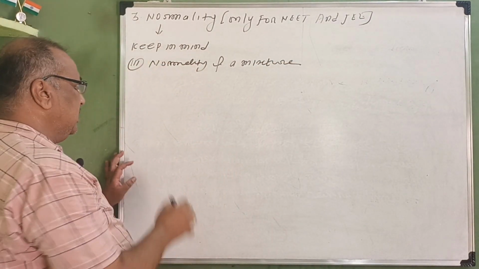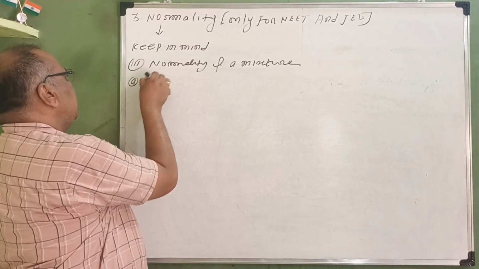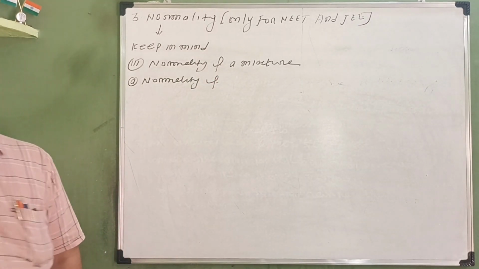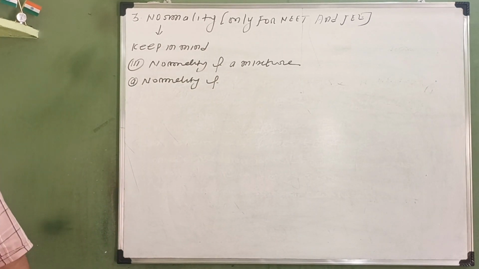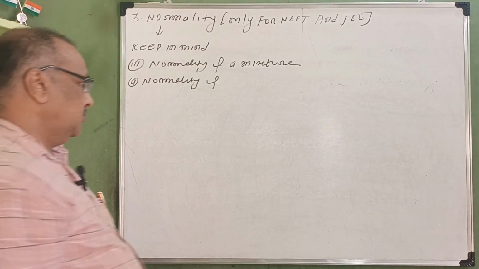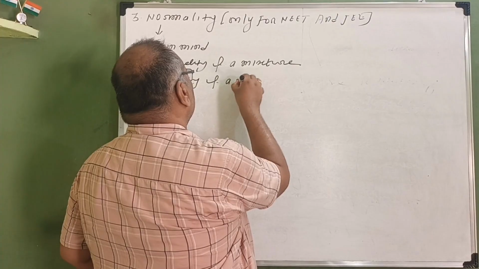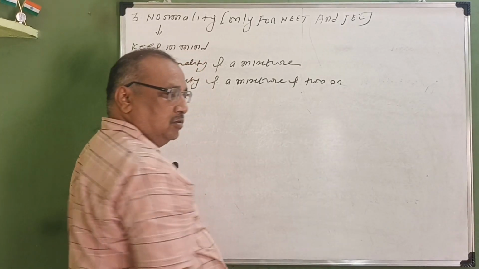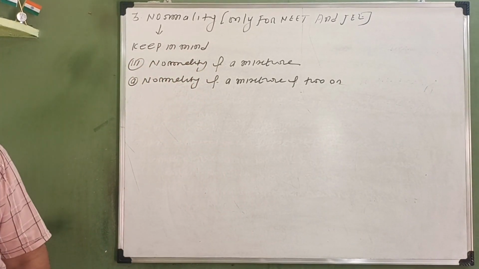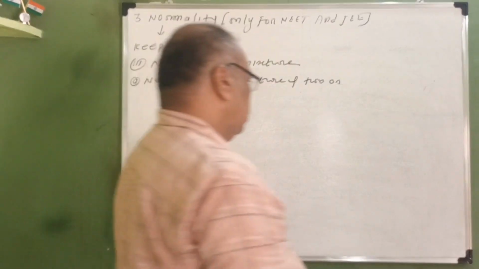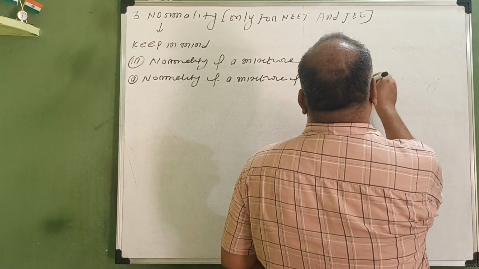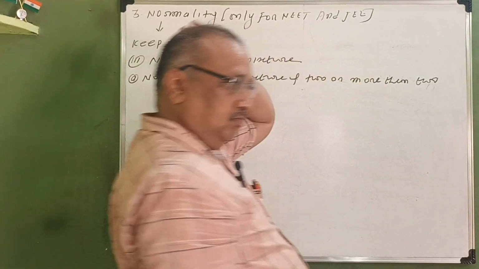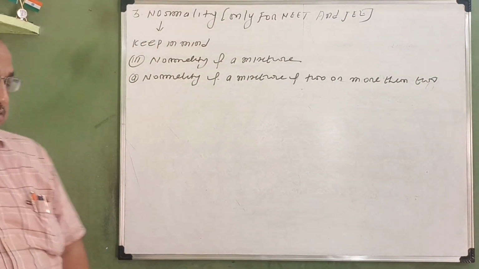Now we write down number 3, normality of a mixture of two or more than two strong acids.